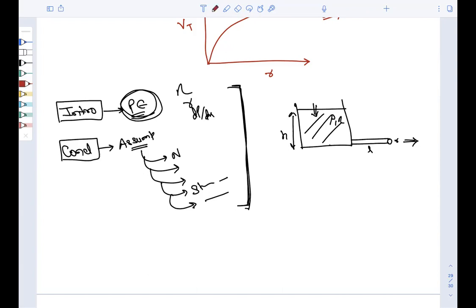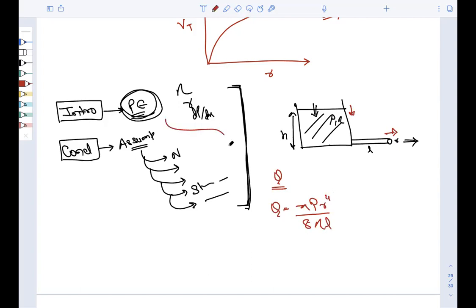But the Q will remain the same. We know the conservation of mass. So Q that is coming down here will be equal to Q that is going out from here. So it will be equal to pi P R^4 upon 8 eta L from the Poiseuille equation.